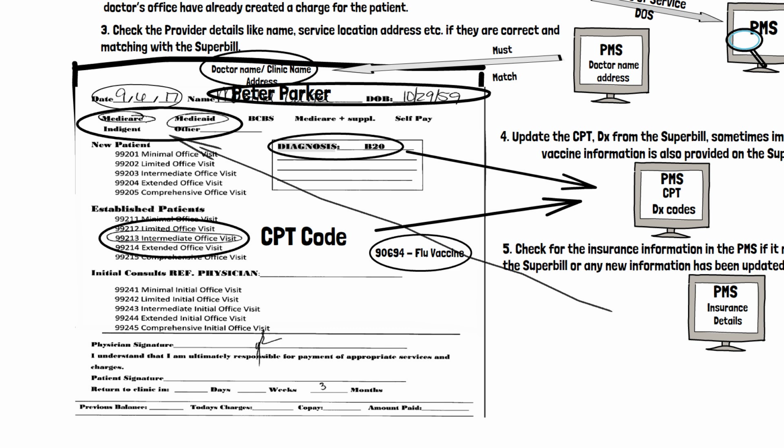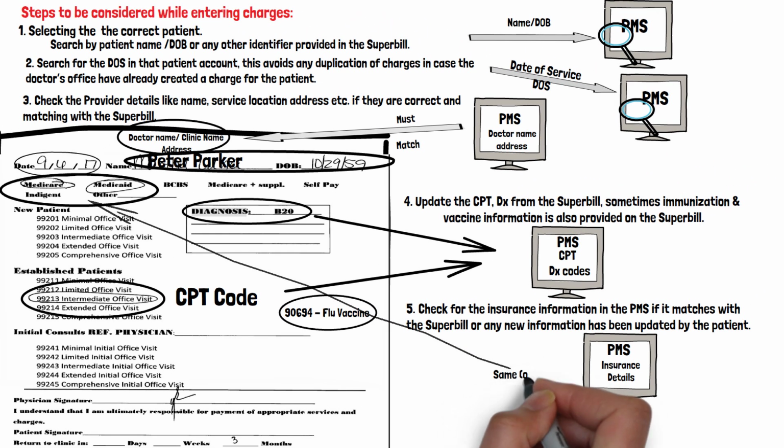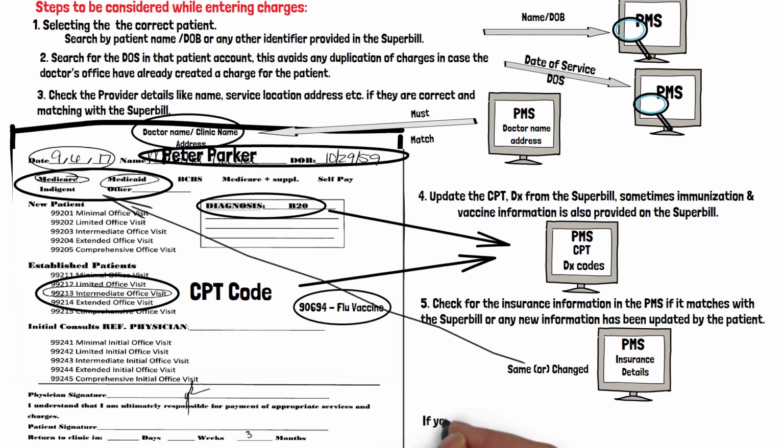So you need to check whether the insurance details that we have in the PMS are matching with the insurance details on the super bill. If you observe any changes, then you need to update the new insurance details, and also place a note as to why you made these changes.